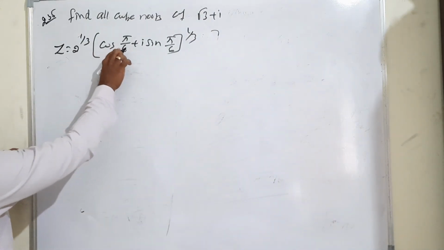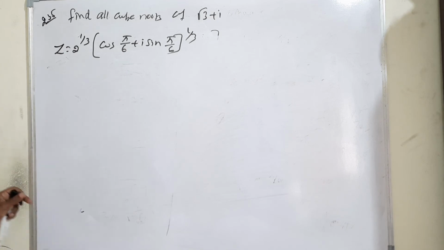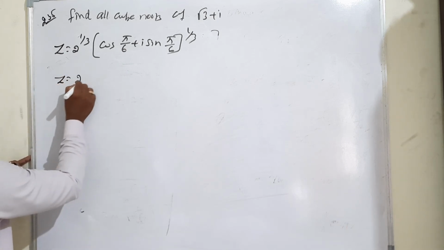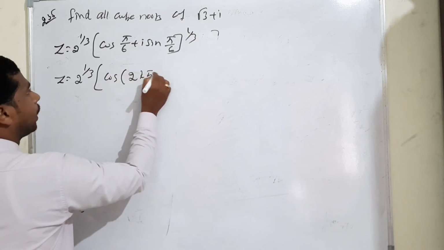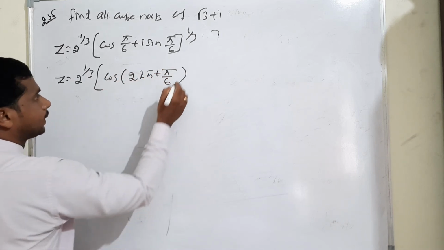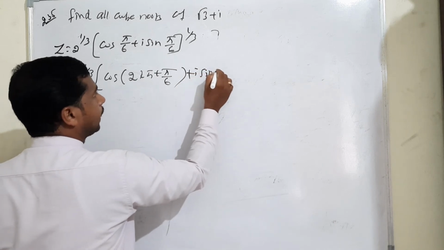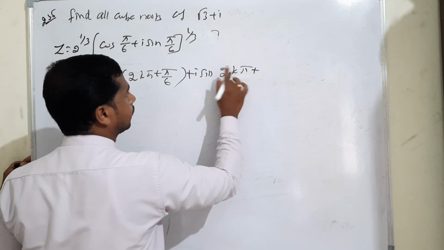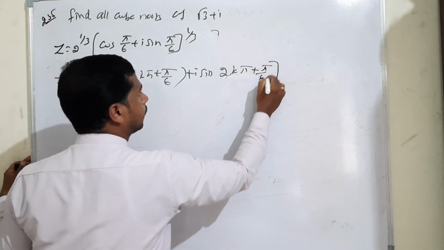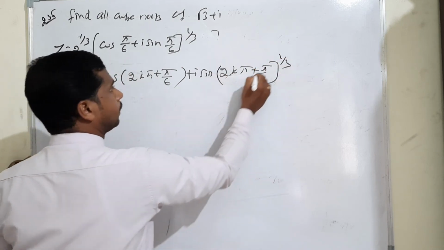First we have to write it in general form. General term means add 2k pi. So z is equal to 2 to the power of 1 by 3, cos of 2k pi plus pi by 6 plus i sin of 2k pi plus pi by 6, the whole power of 1 by 3, isn't it?